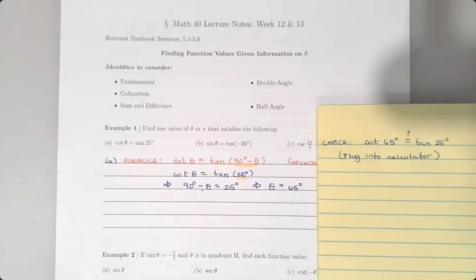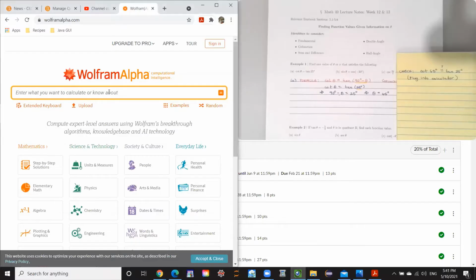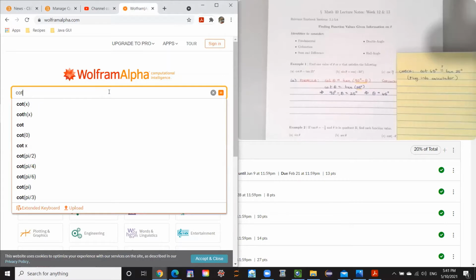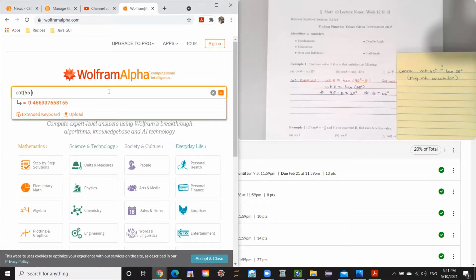And I'll split the screen so that you guys can see both sides. Take a look at screen one. So cotangent of 65 degrees is 0.46630076. Okay, so that's what we have so far.